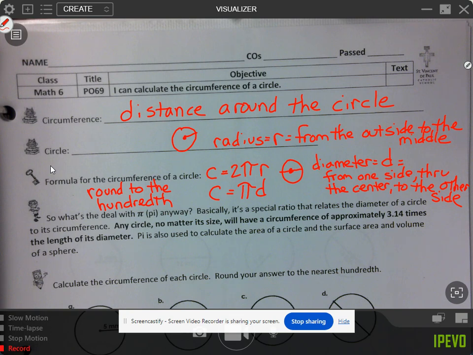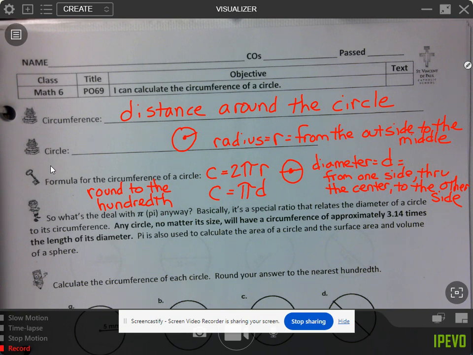You have to look at the thousands place. If the thousands place is 5 or higher, we round that 100th place up 1. If it's 4 or less, it stays the same. So you have to pay attention to that. Any questions on the circumference?